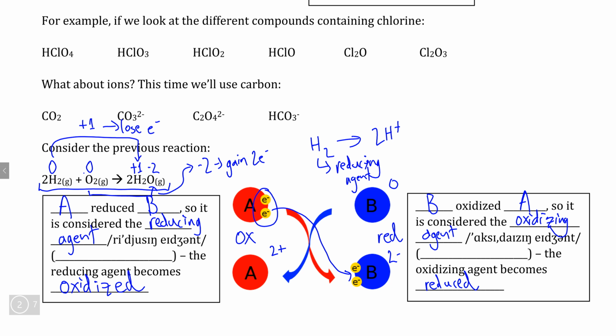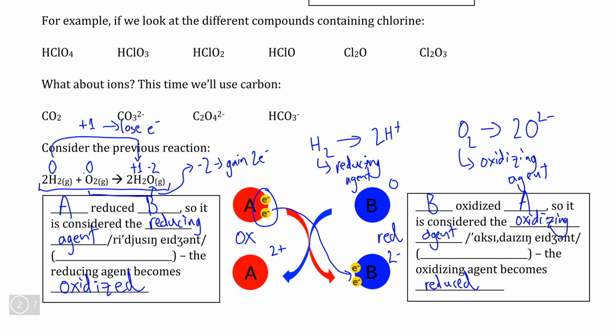And because oxygen gains 2 electrons, let's write that out here. So oxygen takes away hydrogen's electrons in order to become reduced. But because oxygen pulls hydrogen's electrons away, we can call it the oxidizing agent in this case.